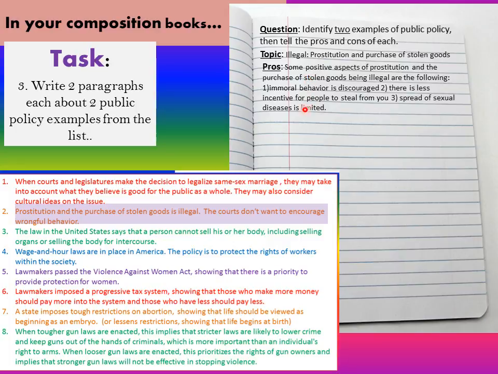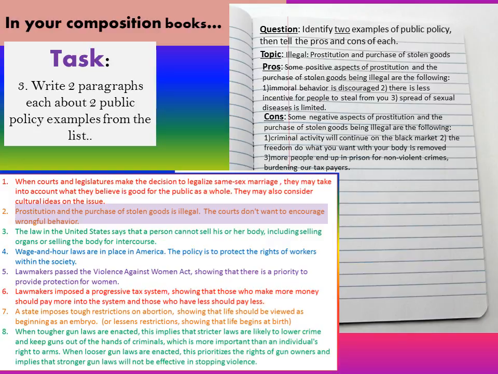So you can set it up like me, where you have a sentence like this, but about your own topic, and then you have 1, 2, 3, and you list what you need to list. That's fine. Next, we're going to do the cons. Okay, some negative aspects of prostitution and the purchase of stolen goods being illegal are the following. Notice I have it set up the same way as up here. It's just different information. 1.